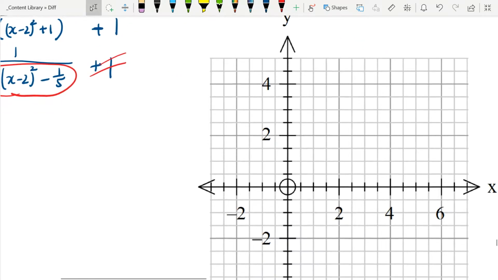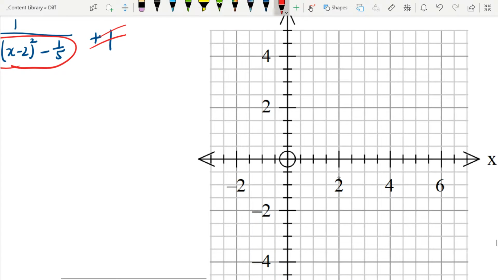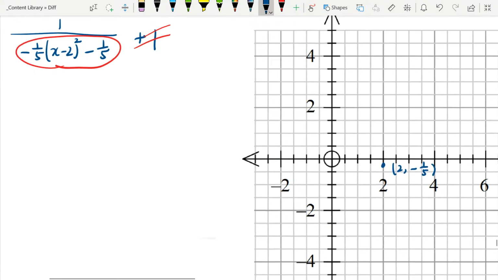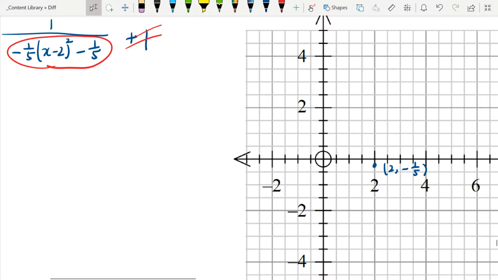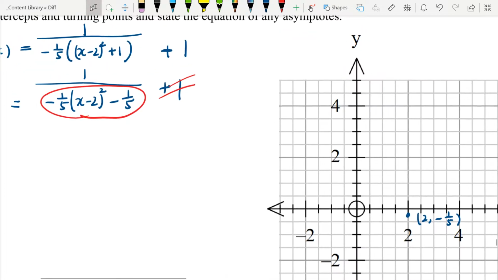2 and -1/5. Okay, 2 comma -1/5. What's the y-intercept?